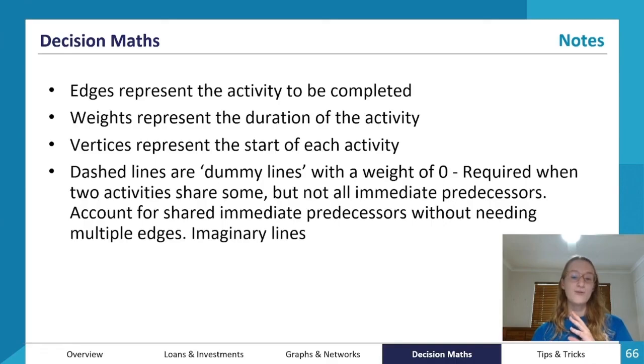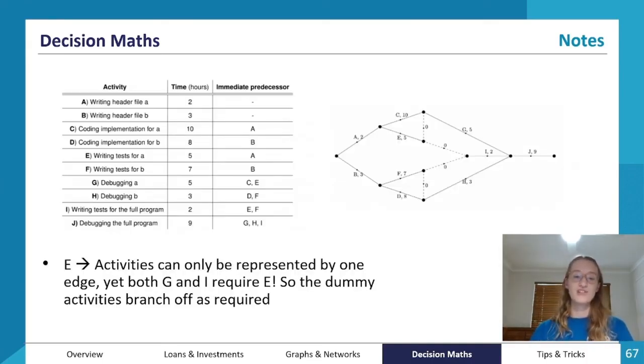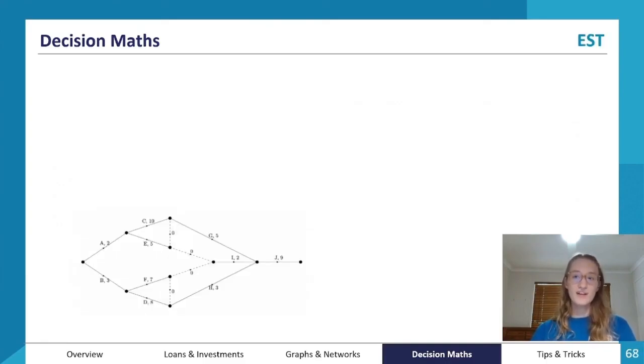That accounts for shared immediate predecessors without needing multiple edges. So they're imaginary lines. They're a notational convenience to communicate that this activity needs both of these as immediate predecessors without needing multiple edges. So we've covered that there.